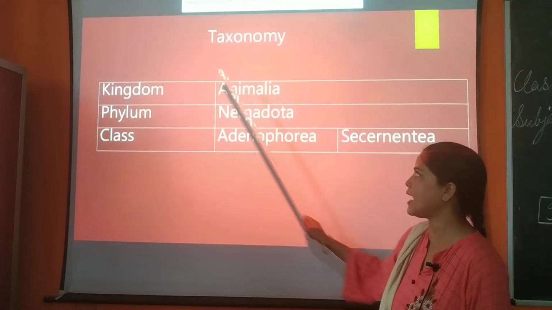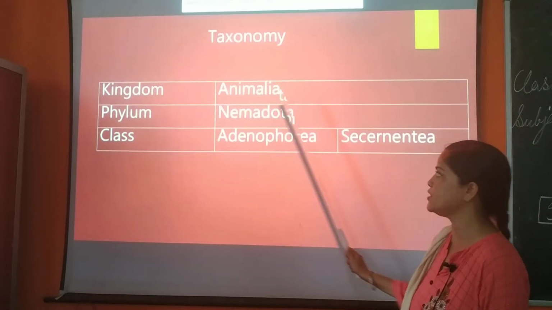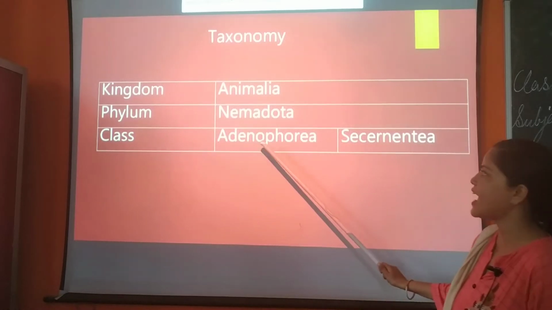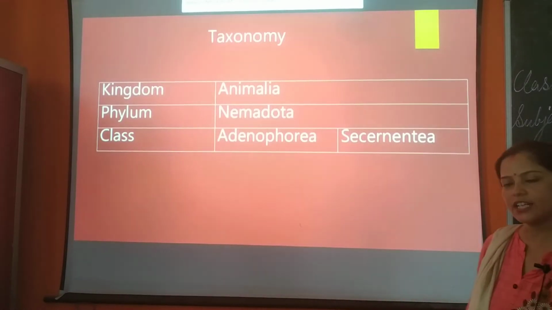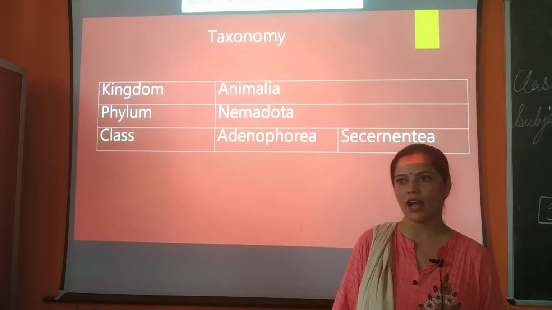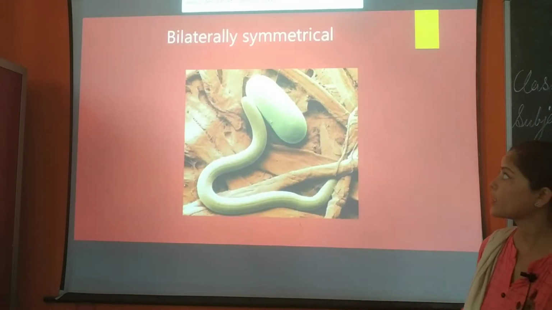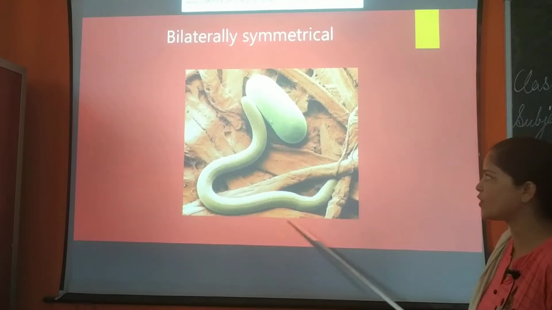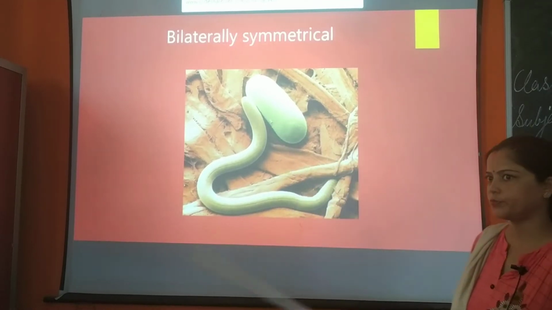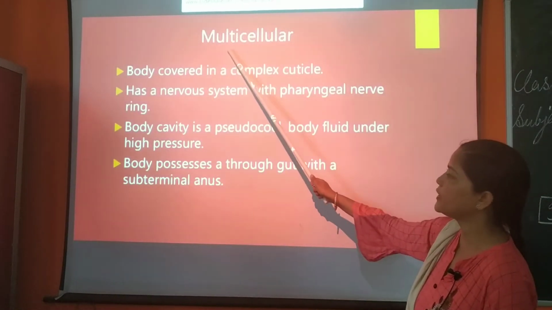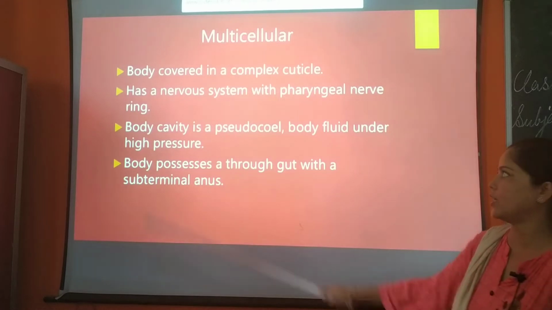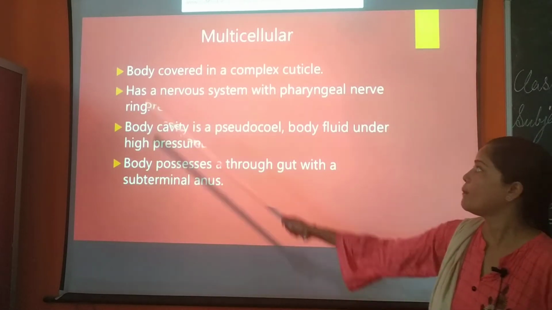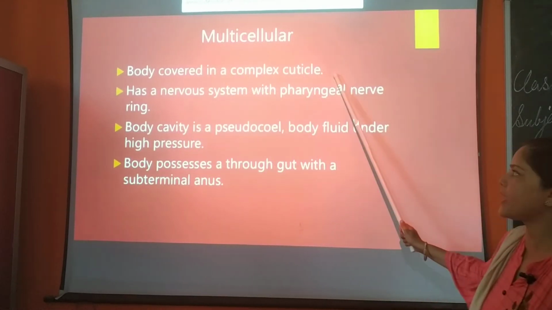Taxonomy: kingdom Animalia, phylum Nematoda, class Adenophorea. You will study further about this in higher classes. Their body is bilaterally symmetrical. They are multicellular, and the body is covered in a complex cuticle.